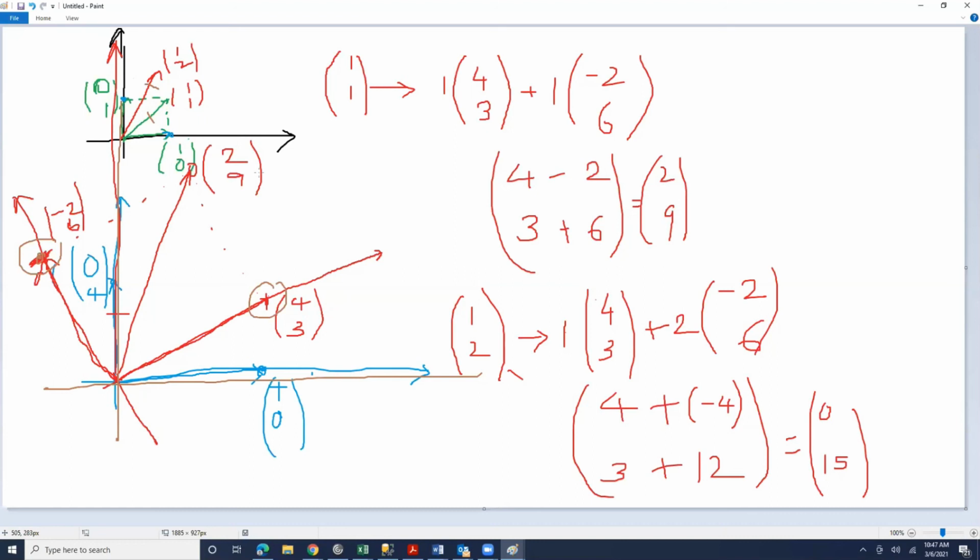Imagine this is a paper that I'm stretching and turning. I drew two lines, and I stretched and turned the paper. I didn't do it differently for each of the lines. I just did the same stretching and the same rotation. That's why whatever works for my unit vector works for any other vector in that plane.